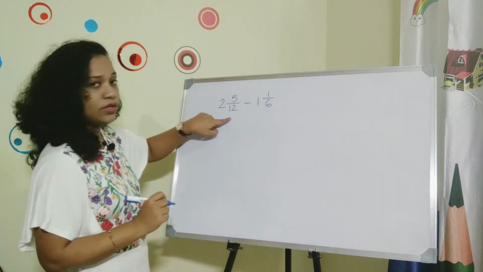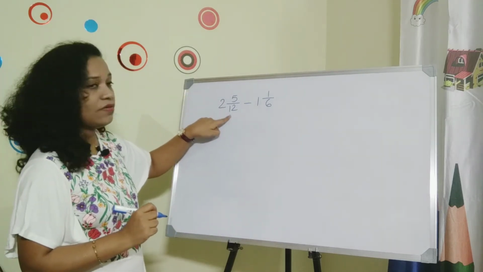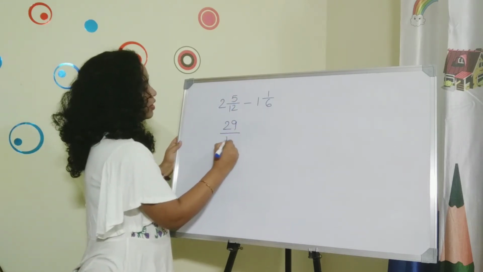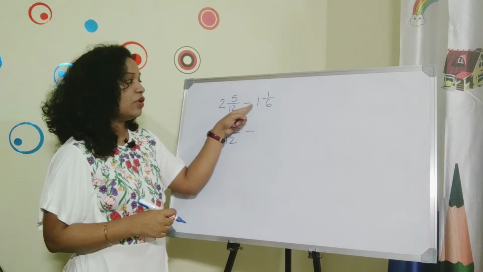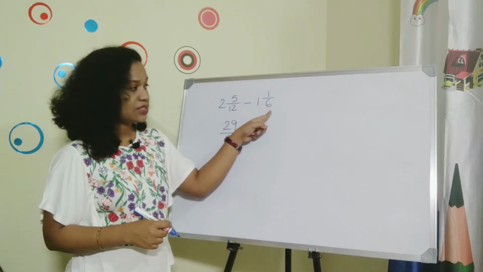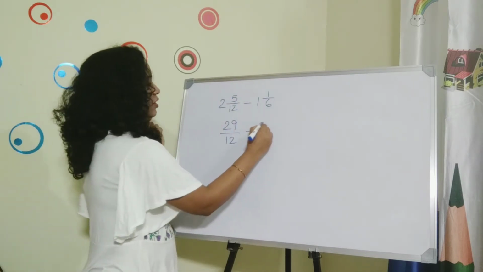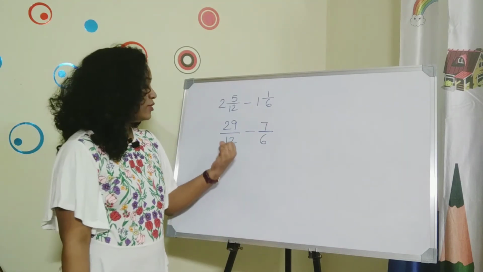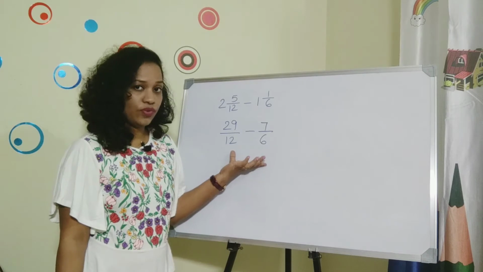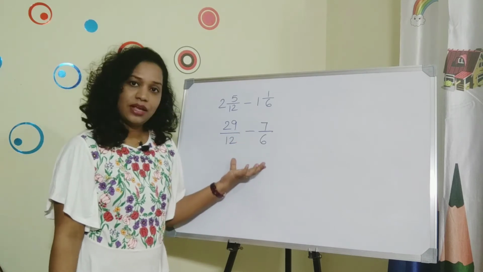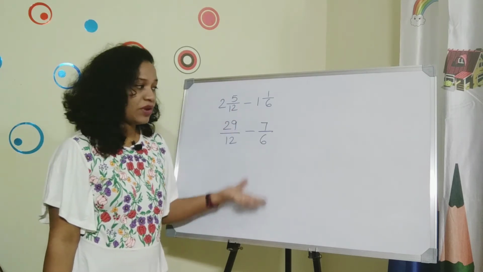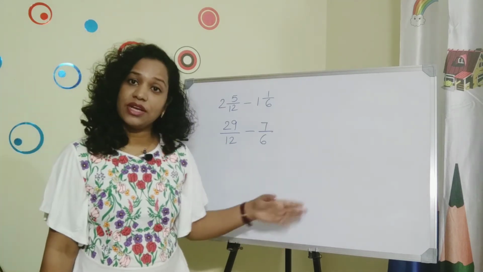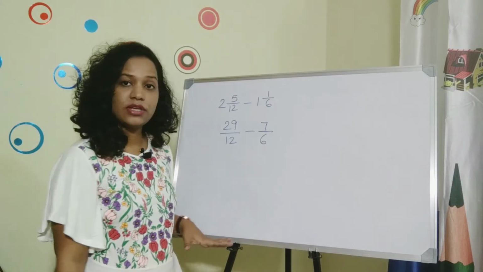Whole number into the denominator. 2 into 12, 24 plus 5, 29 by 12 minus 1 into 6, 6 plus 1, 7 by 6. Right? So now we got two fractions. They are improper fractions. If our answer comes in improper fraction, we can convert it into mixed fraction at the end. Now we will proceed like this.